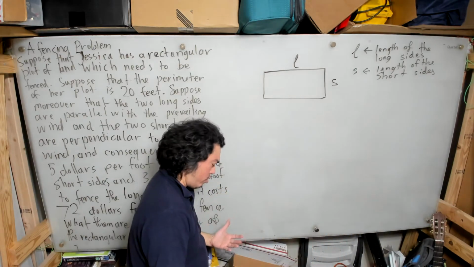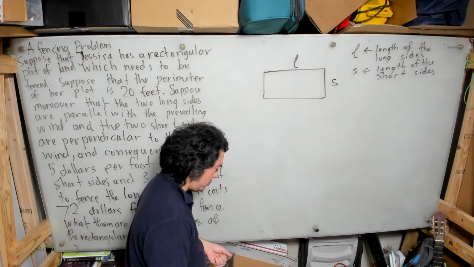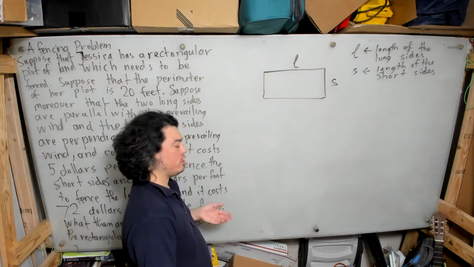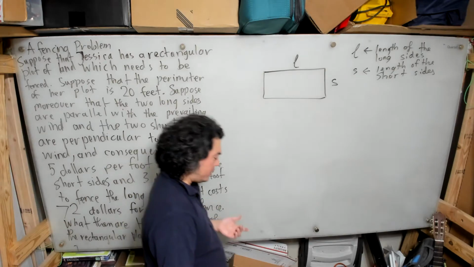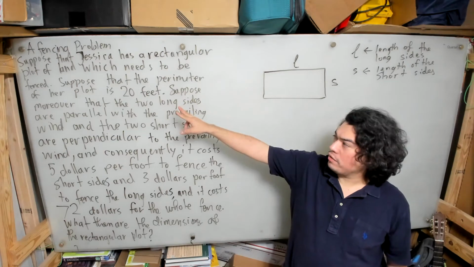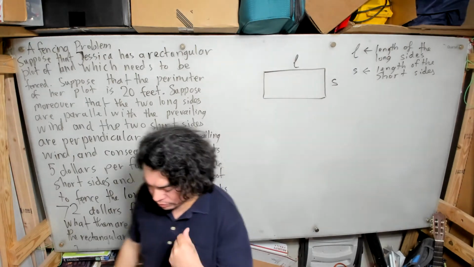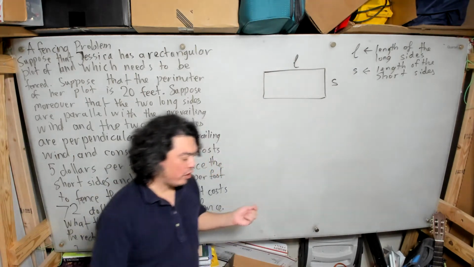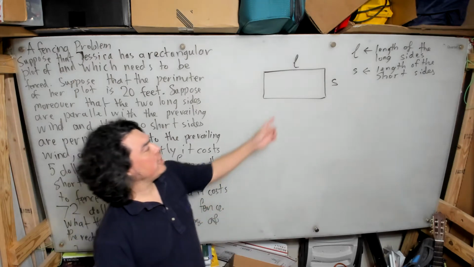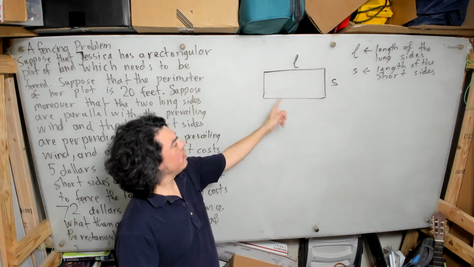So now what we want to do is find out how we can use the constraints that we are given to set up an equation for this problem. It tells us in the statement of the problem that the perimeter of the plot of Jessica is 20 feet. And so we have to remind ourselves, what is the perimeter? The perimeter is the length of the boundary. So in this case, it'll be this side's length plus this side's length plus this side's length plus this side's length.